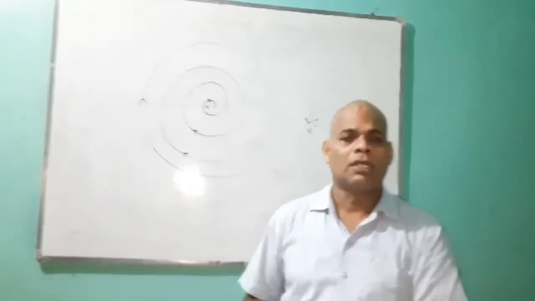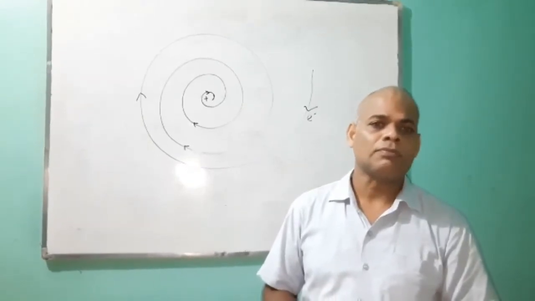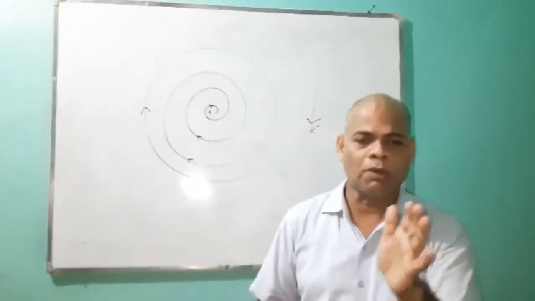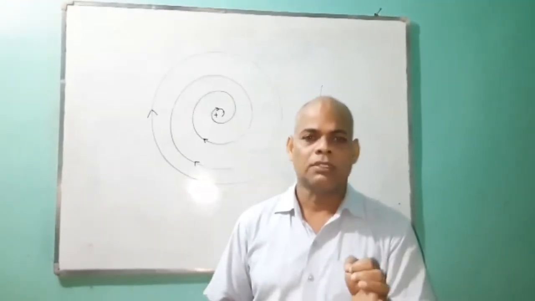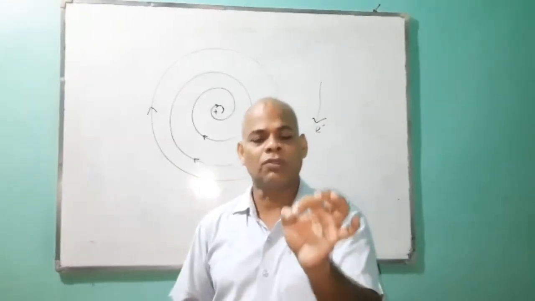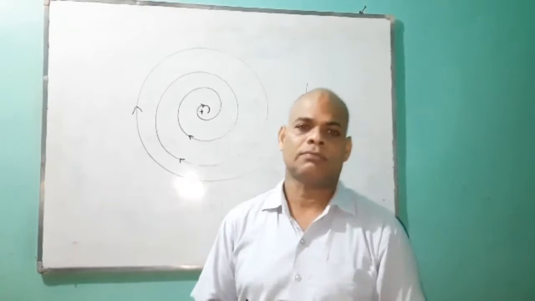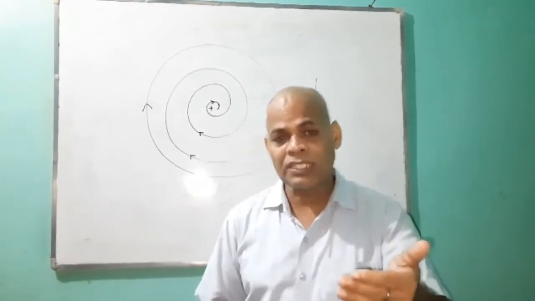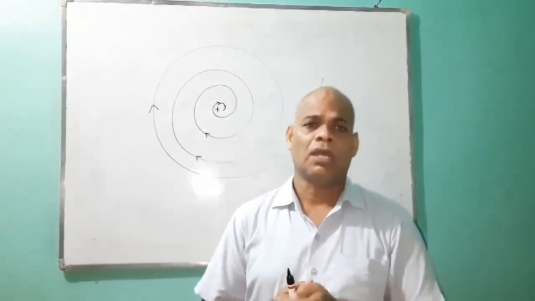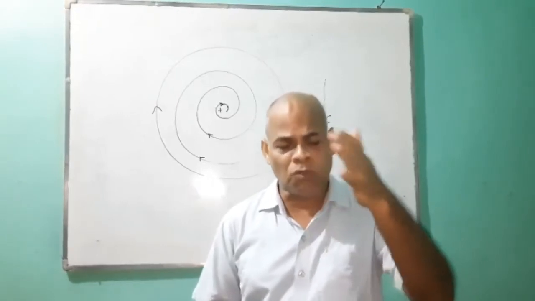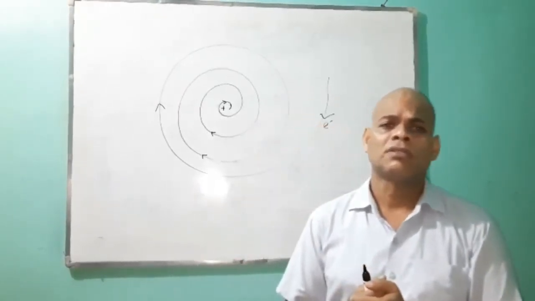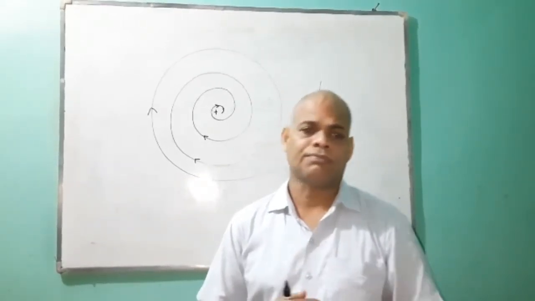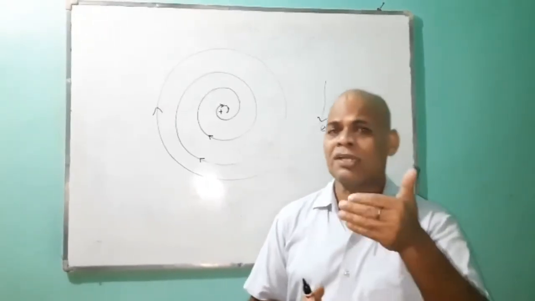Once again, in the beginning I said, according to Rutherford's model of an atom, the electron revolves around the nucleus in a circular path. If the electron moves around the nucleus in a circular path, then, as we know, any particle which moves in a circular path acquires accelerated motion.